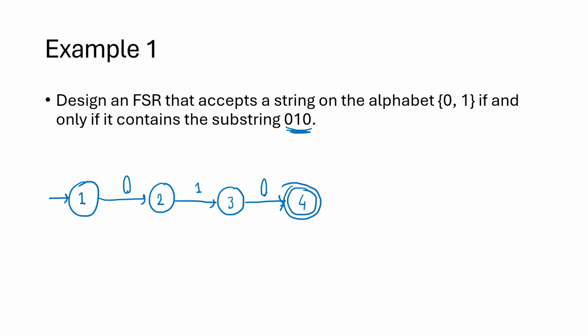Okay, and so obviously this is not a complete finite state machine. We need to still add more transitions, more edges, and sometimes we need to add more vertices, more nodes as well. But we will do that by looking at other possibilities rather than just focusing on the shortest string that must be accepted by the machine.